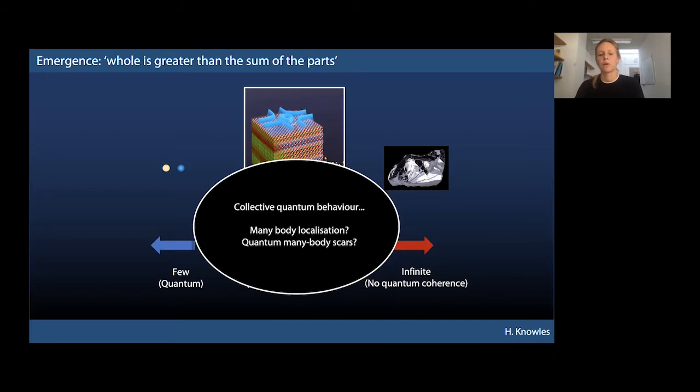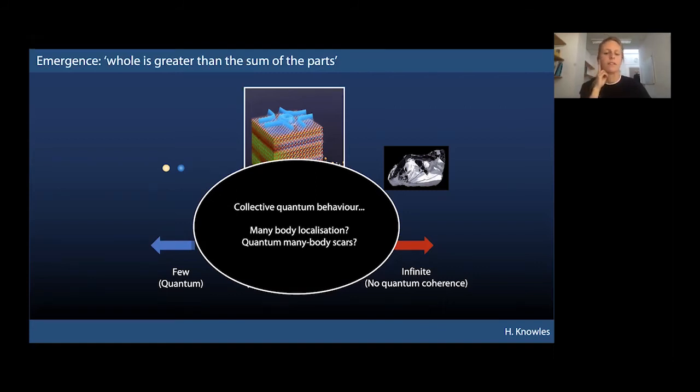So you might get a very complex quantum coherent state that lives on for a very long time, and this is very unusual, and we don't quite know what governs this property. And of course, it's very exciting from a technological point of view as well. If you're thinking of realizing some kind of quantum technologies, if you can harness this quantumness for a long time and it doesn't dissipate into the environment, that's very exciting.